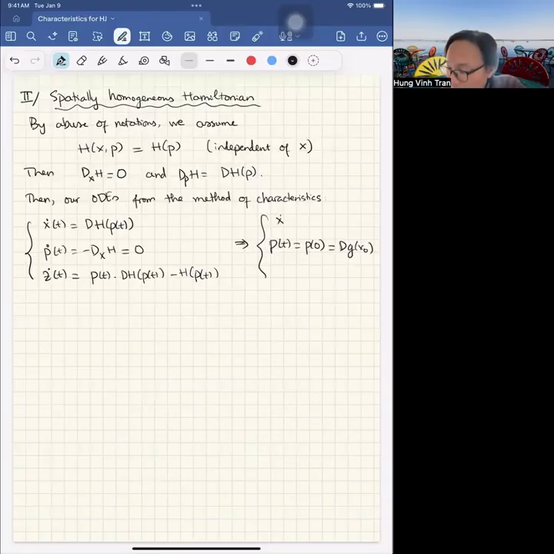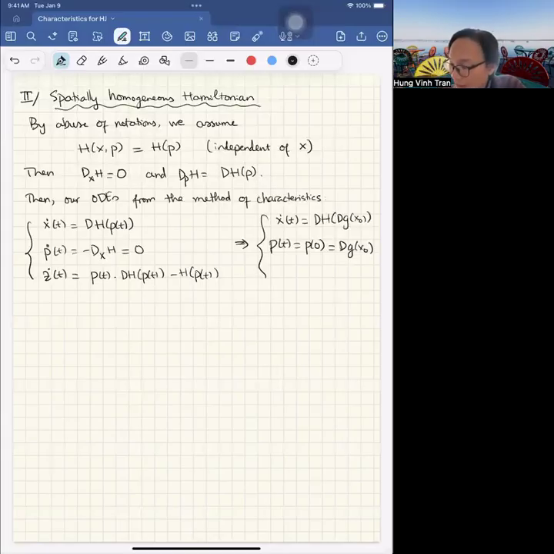Then x dot of t equals dH of p(t), which is dH of dg of x0. This is good because p is not changing, and it implies further that x dot is a constant vector, meaning x is a straight line, a straight ray. So the characteristics are straight lines.